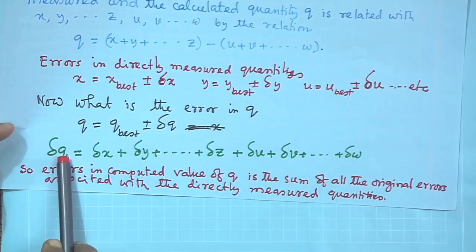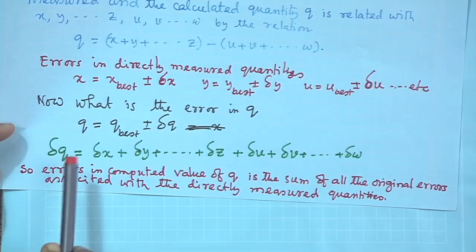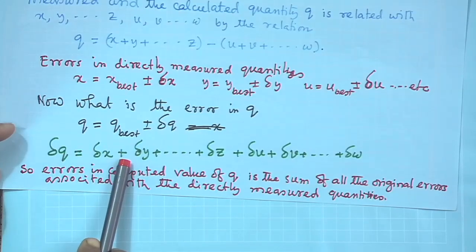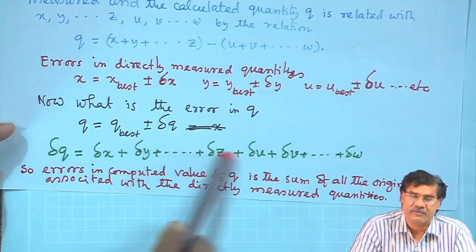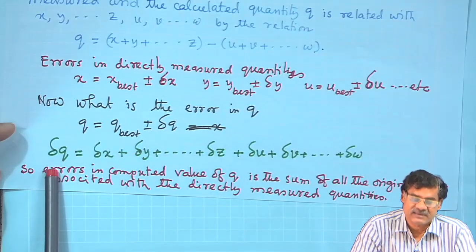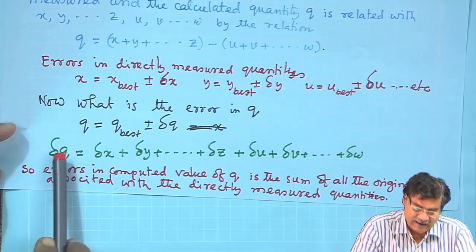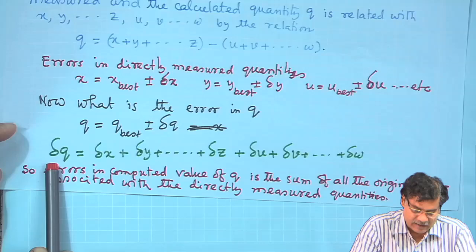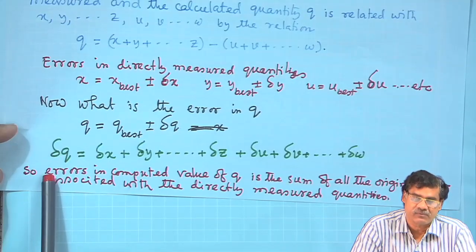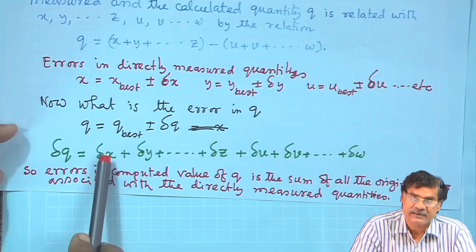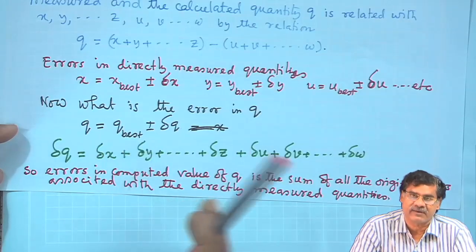So this is what we call the absolute error. In case of summation and difference, the summation of individual errors gives the error in the calculated quantity, that is the absolute error. Okay. And the relative error we basically call this del q by q, or del x by x, del y by y. So these we call relative error.